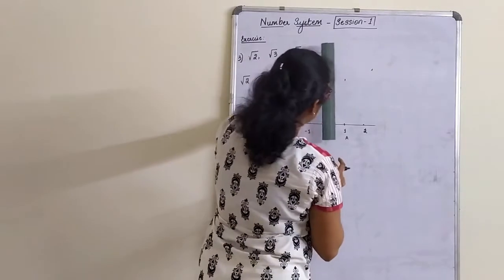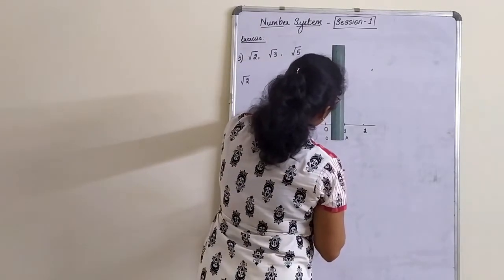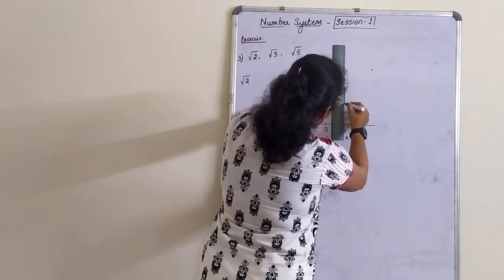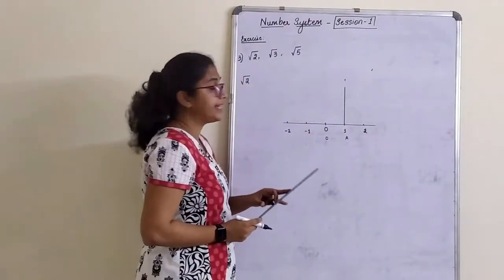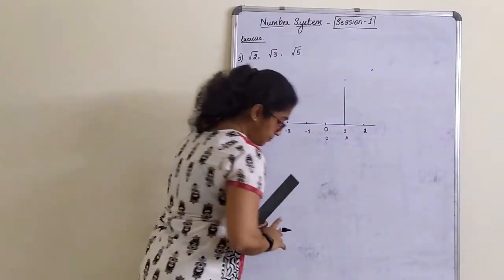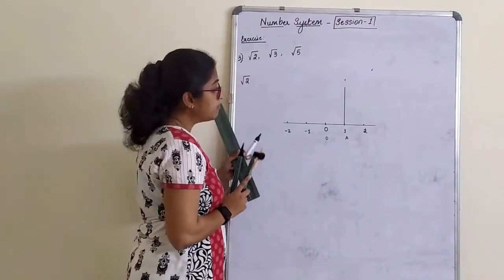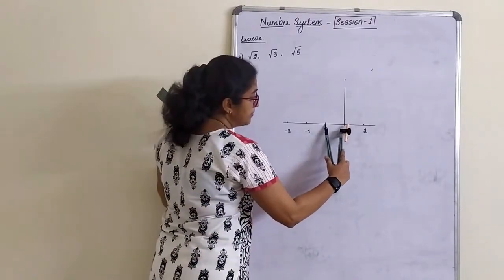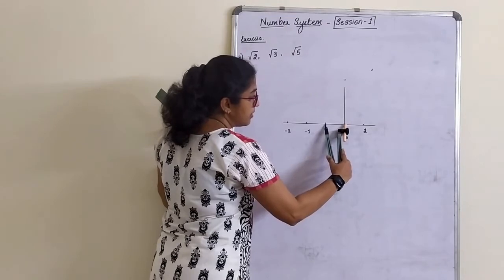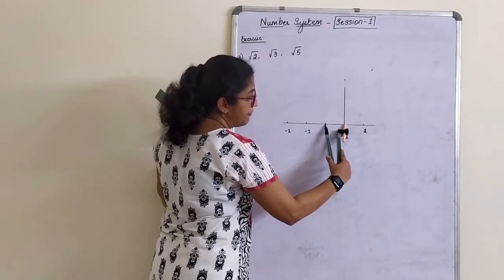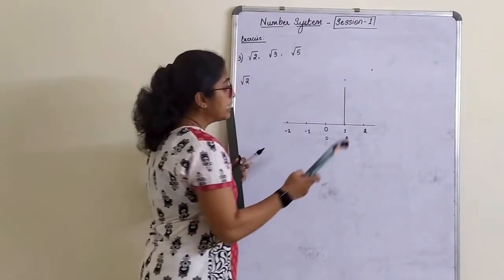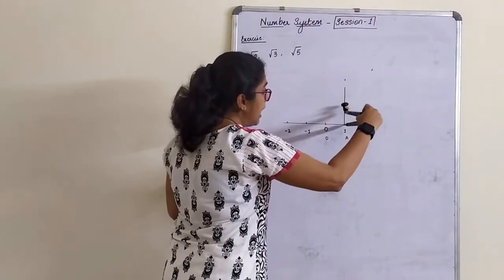So make sure it is for 90 degrees and draw a small line which cuts at 90 degrees. Okay. Then take your compass. Take the measurement of what you have taken here. This is the compass measurement, exactly the same measurement. Keep your compass here and cut this.